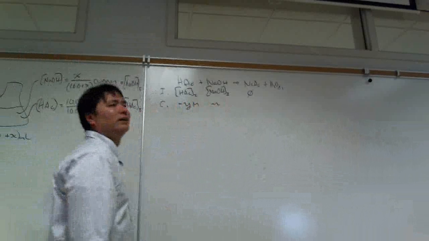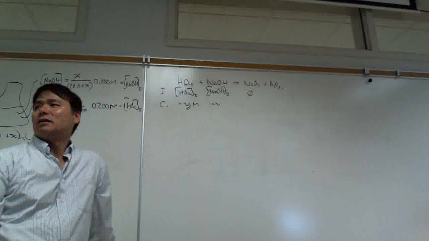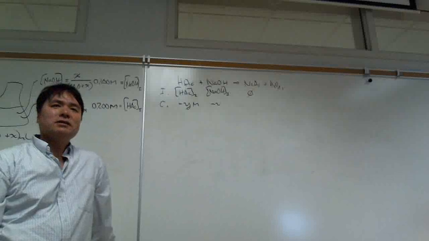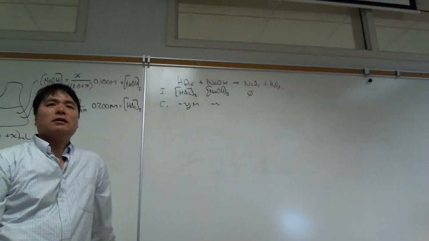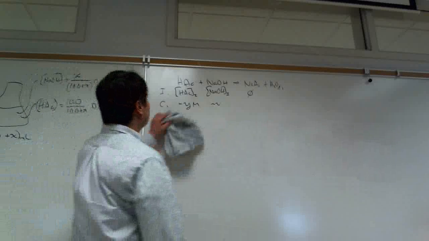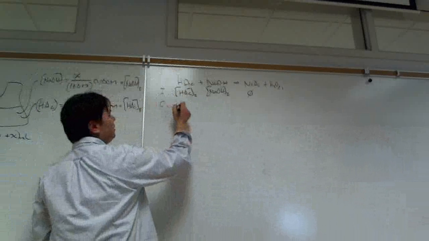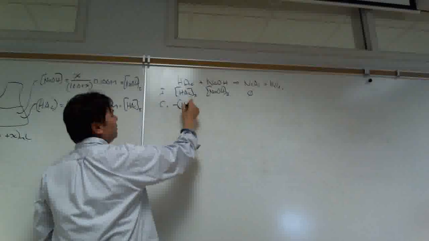Actually, you know what? Don't I already know what Y is? Yeah, because K for this is very, very large. And so what is the limiting reagent here? I know where I am in the titration. It's got to be HAc.